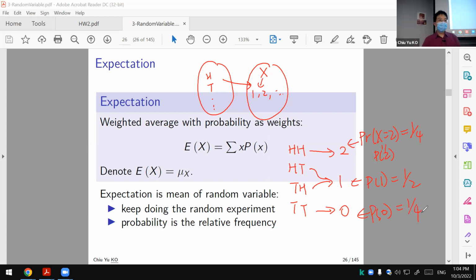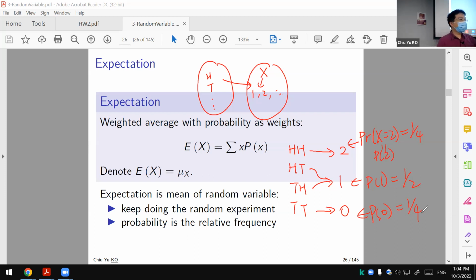And then if you look at the experiment again, if you record the outcomes of 4 million runs of this experiment, you have 1 million of 2.